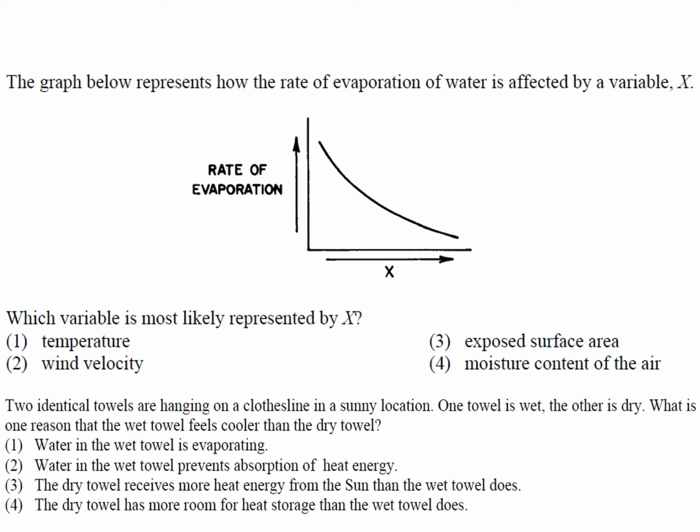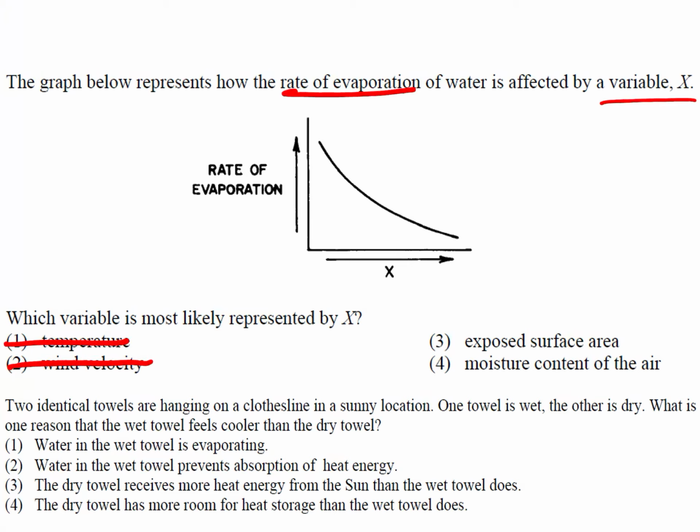Okay, do now. The graph below represents how the rate of evaporation is affected by a certain variable. So which variable is most likely represented by X? What's going to make something evaporate less as it increases? So as it gets hotter, for number one, it usually increases the rate.